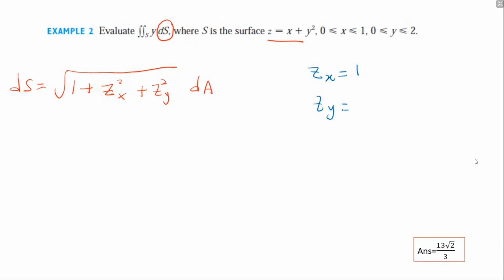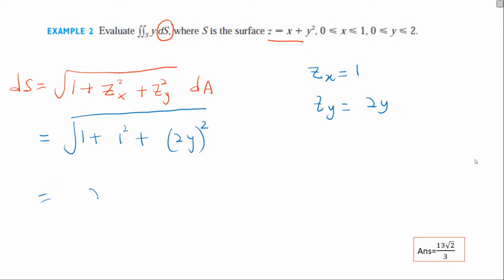Differentiate z with respect to y, you should get 2y. So from here, you should get 1 plus 1 squared plus 2y squared, and then you get your answer, 2 plus 4y squared. So this is your dS.